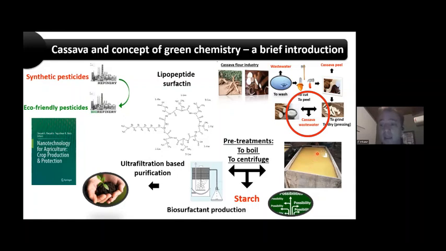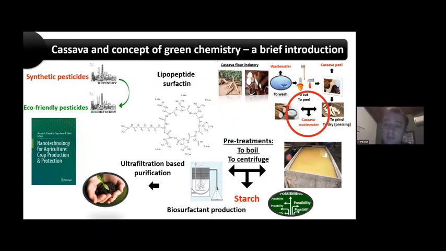For them, it's a problem. For us, it's a solution because it's a low-cost, actually free, culture medium. And in a biotechnological process, the culture medium represents more or less 30% of the total production cost. So it's too much, and for us, this is free.